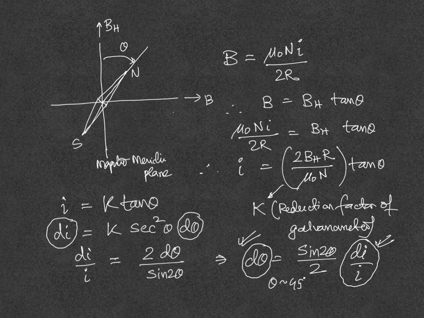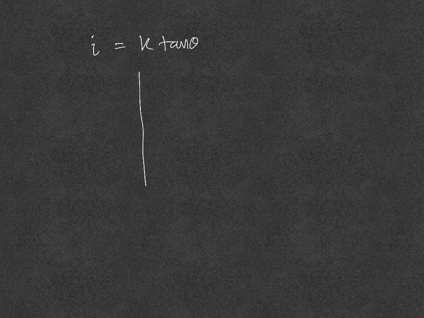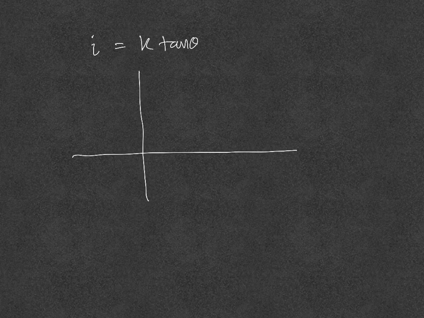But there is an inherent problem. You know, this is the equation i is equal to K tan theta. So if I plot i and theta, it will be an asymptotic curve like this.